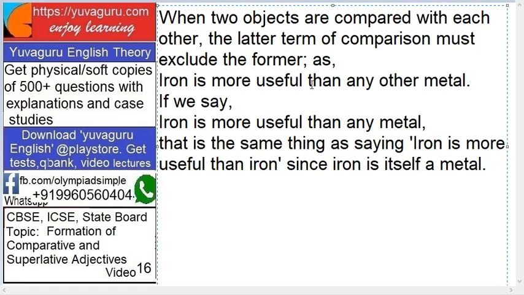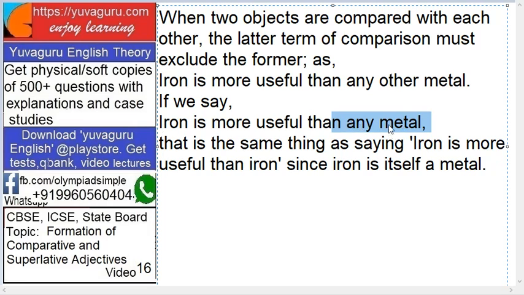Iron is more useful than any other metal. This is what you want to say. So comparing what? Iron and metal. Okay. So what is the rule? Latter must exclude the former. Suppose I say iron is more useful than any metal, I don't use the word other. I just say more useful than any metal. Then what are we saying actually? Any metal means what?